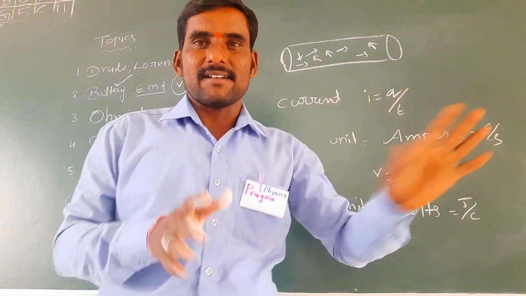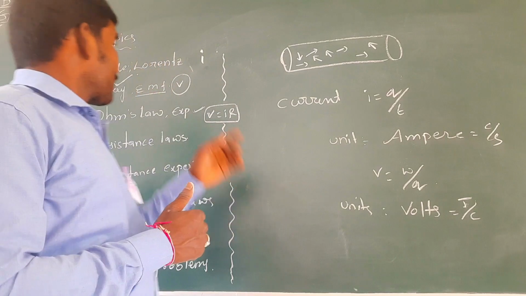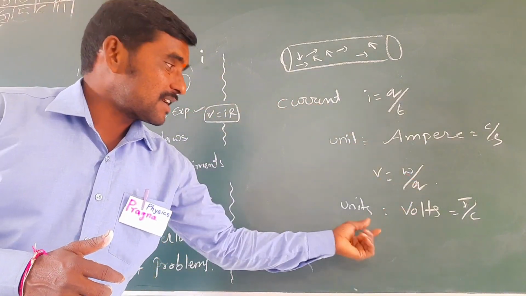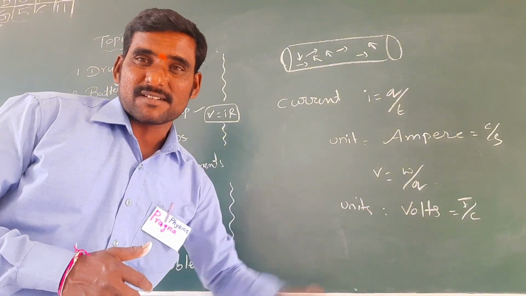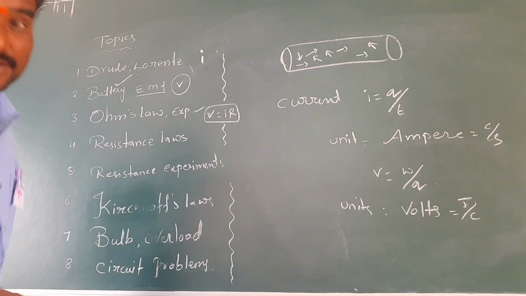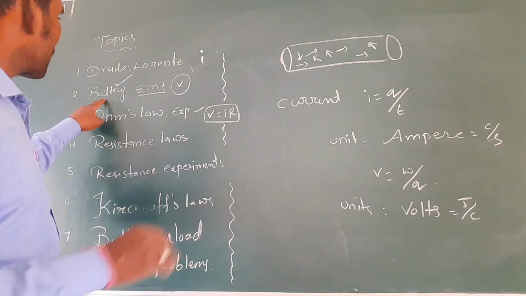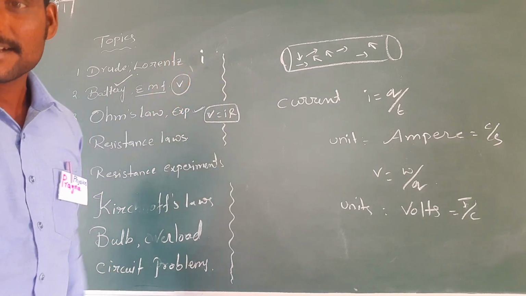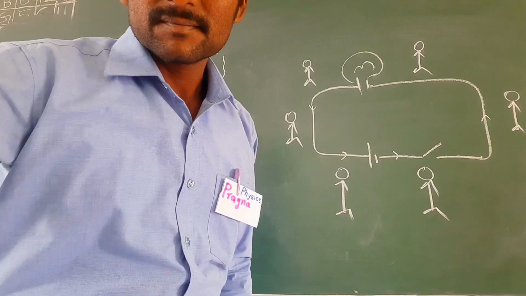Without a difference, no current can travel. About the definition, they ask W by Q, and the units are volts, joule by coulomb. They ask the Drude-Lorentz question for 4 marks, and also the battery question for 4 marks. EMF definition, and also voltage and current, they ask in the exam for 2 marks.